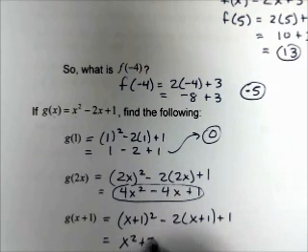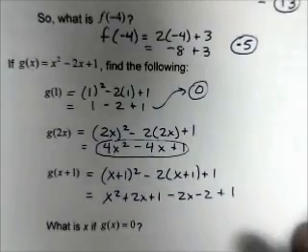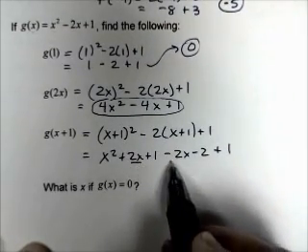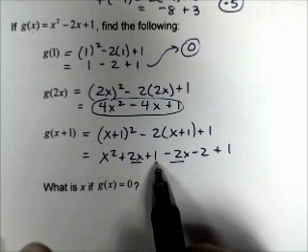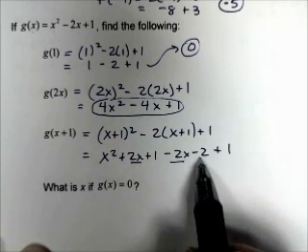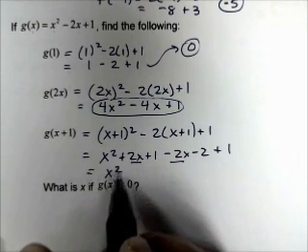X squared plus 2x plus 1. Distribute the negative 2, minus 2x minus 2 plus 1. And then I'll combine like terms. Positive 2x, negative 2x is 0. Positive 1 is 2. And negative 2 is going to be 0. So our end result here is simply x squared.